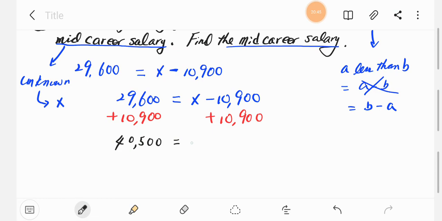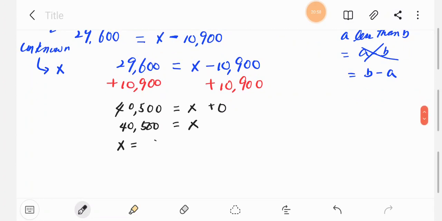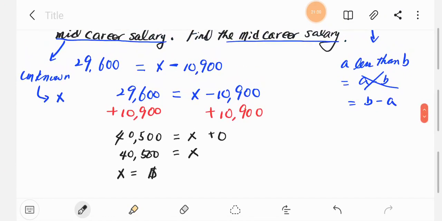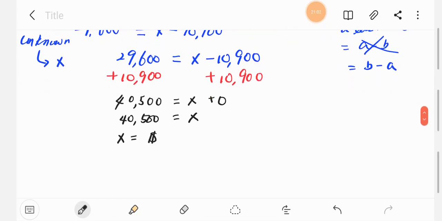And the right side is x plus 0. So x is equal to 40,500. Then we can say x is the mid-career salary, right? So the mid-career salary is $40,500.